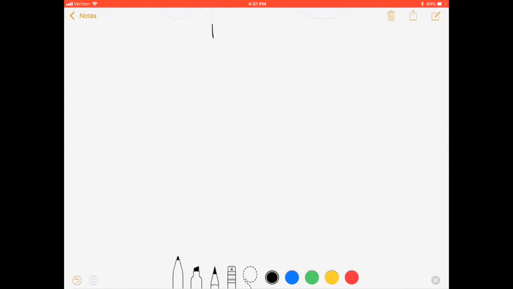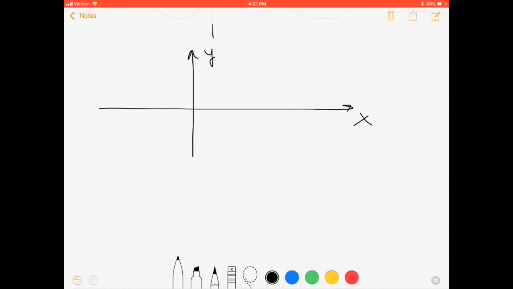First, let's do it for sine x. If you remember the graph, this is x, this is y, and I put the very important points pi over 2 and negative pi over 2.